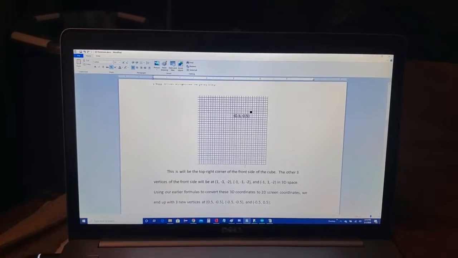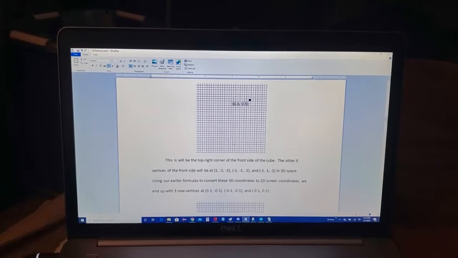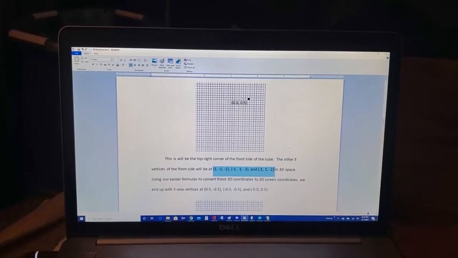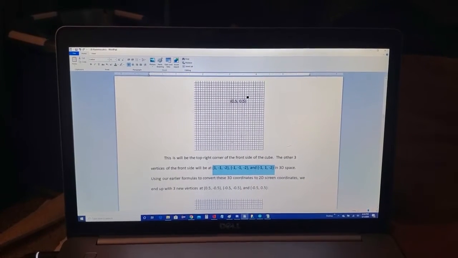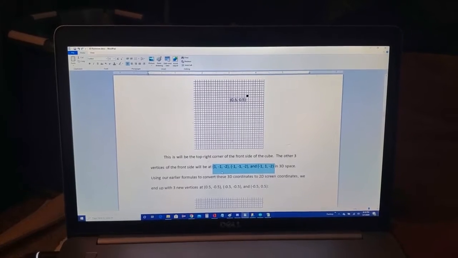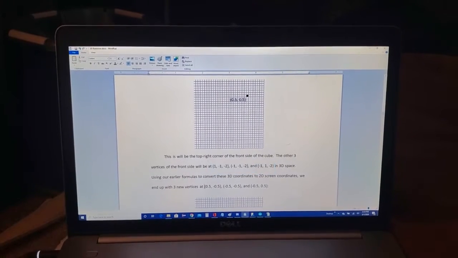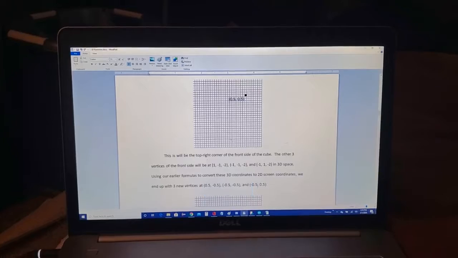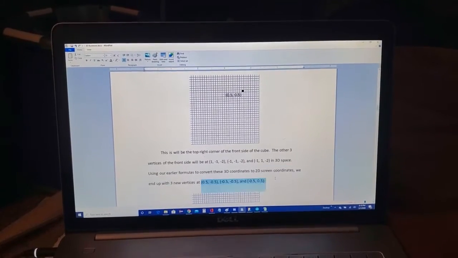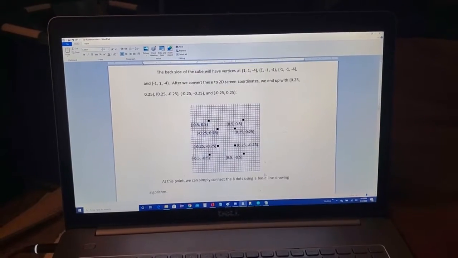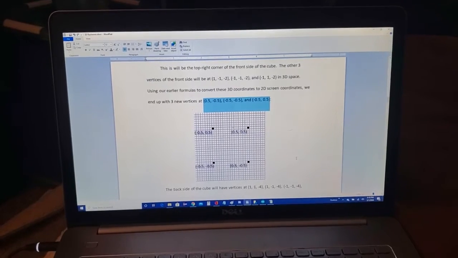So anyway, if we repeat that pattern, we can draw the next 3 vertices of the front side of the cube. These are their 3D coordinates, which then convert into these 2-dimensional coordinates here, giving us this image right here.